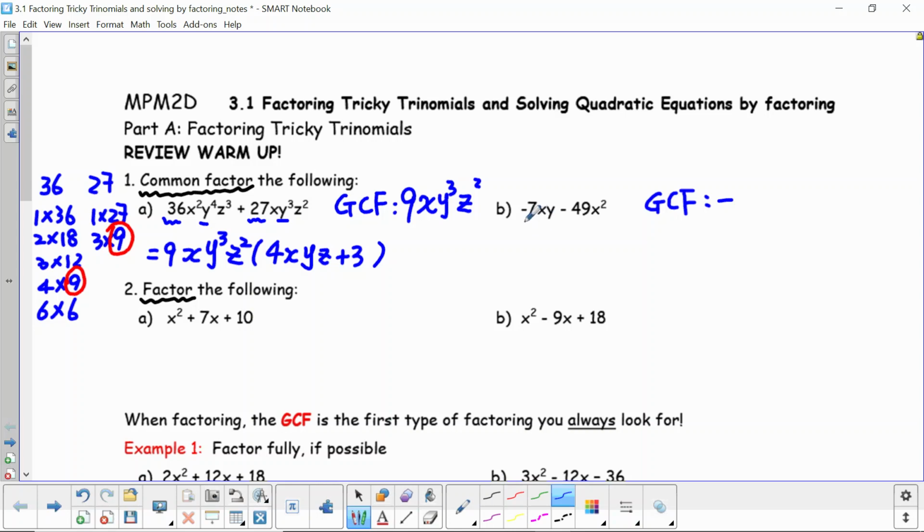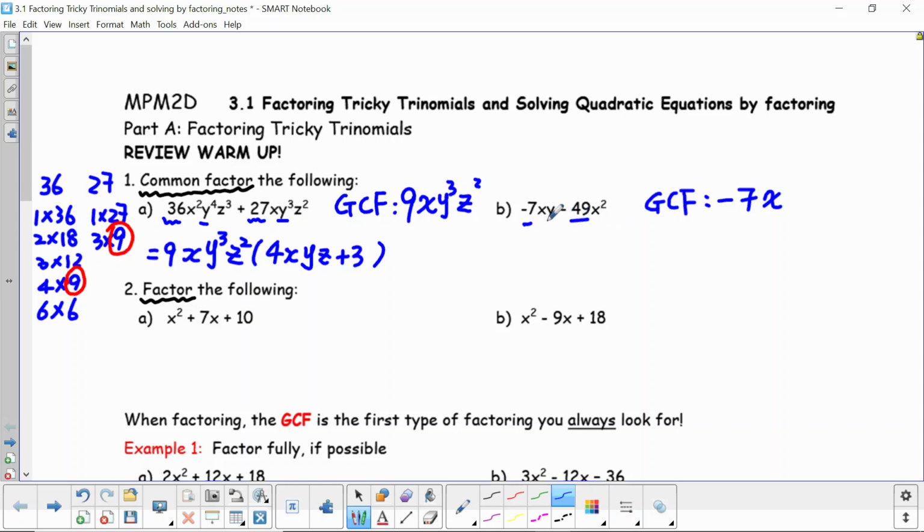Okay, 7 and 49. For 49, we have 7 times 7, so the greatest common number from these two is 7. So negative 7. Then for the variable, x squared, the lowest degree is 1, so x is a common factor. This one doesn't have y, so y is not a common factor.